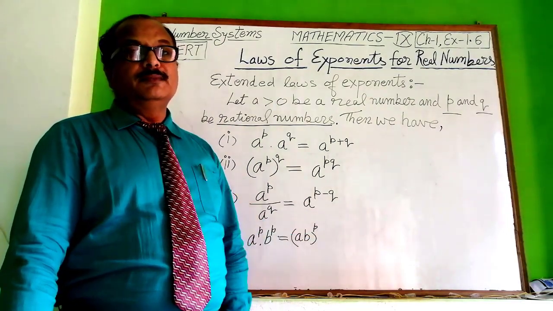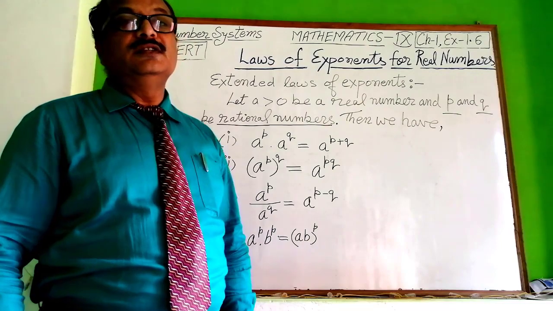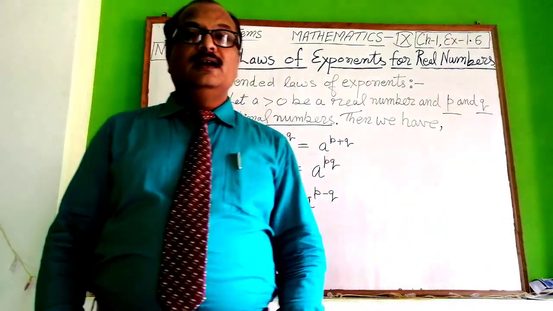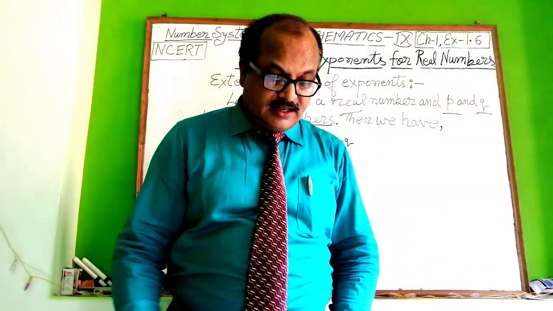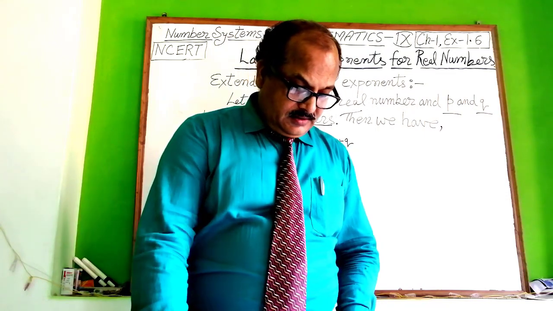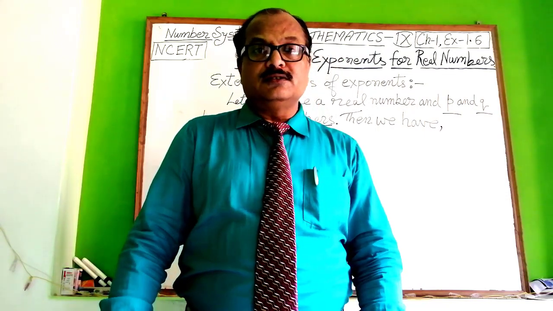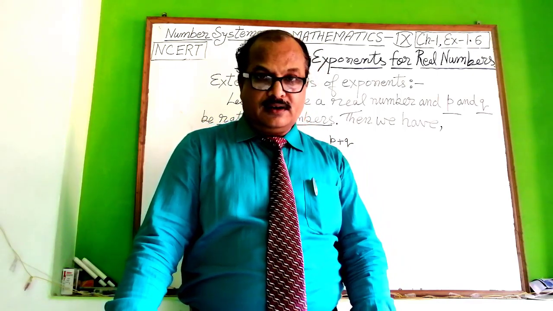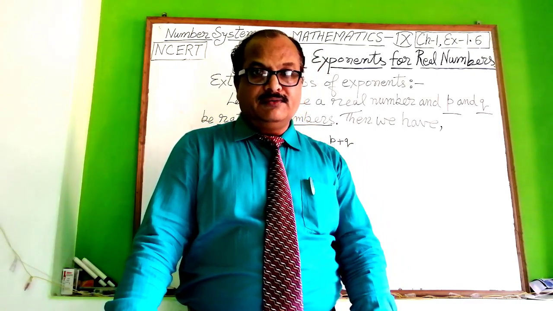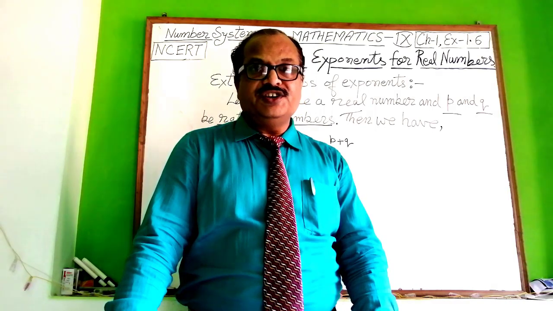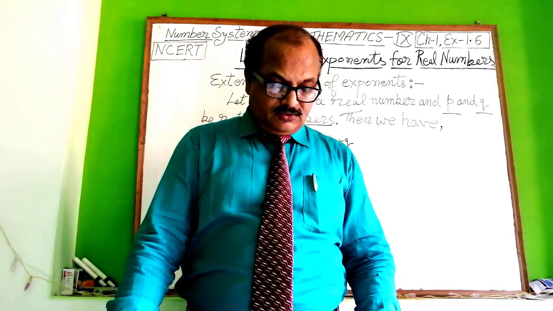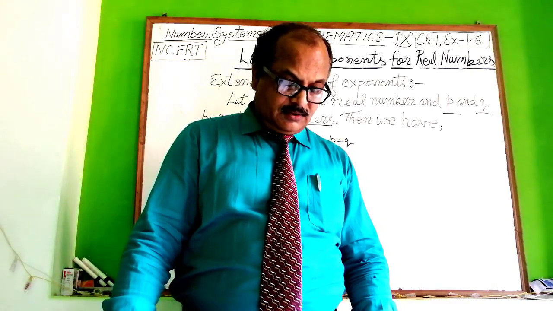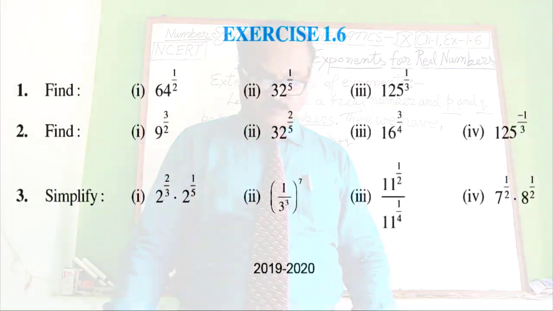Now one by one I would like to see the exercise. This exercise contains only 3 questions, and each question has some parts. So one by one I will illustrate it. Come to see exercise 1.6.